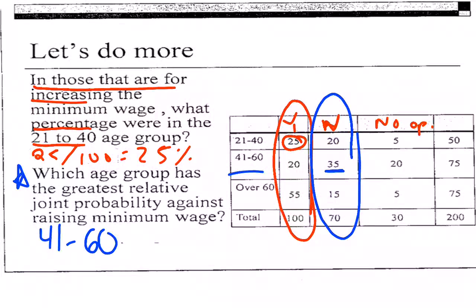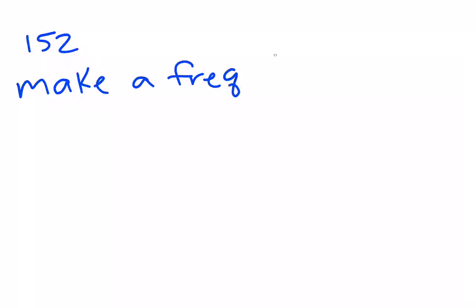So, really, the only thing we're going to need to do, and if you want to just summarize this on the bottom of page 152, is first make a frequency table.